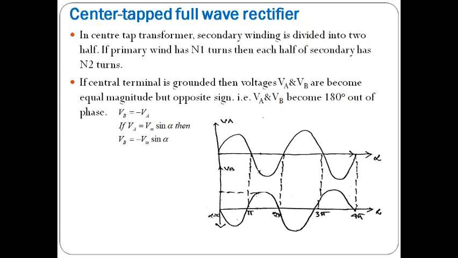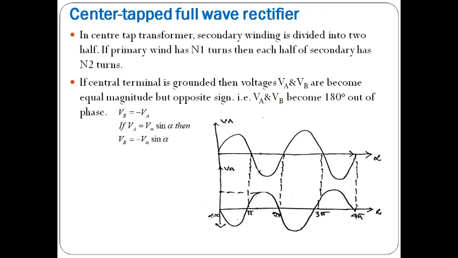Then the upper secondary winding provides a voltage signal and the lower secondary winding also provides a signal. The upper secondary winding output signal is named VA and the lower secondary winding output signal is VB. The ground terminal is connected at the center of the secondary winding. The two signal magnitudes are always the same: VA equals VB in magnitude.